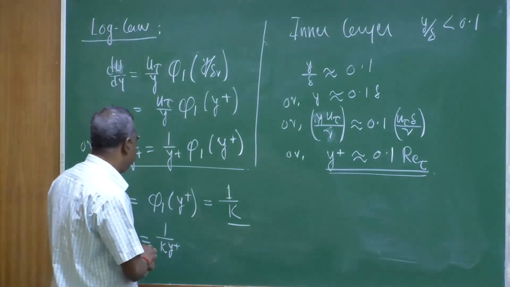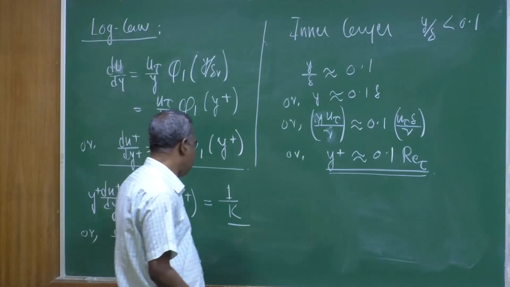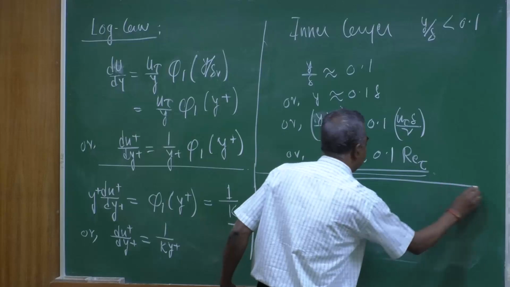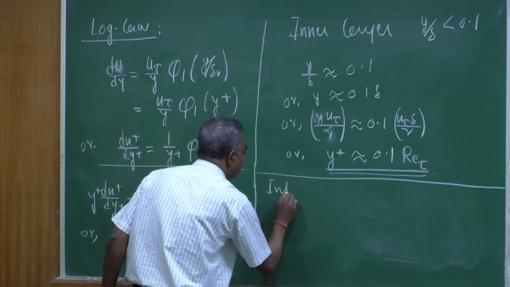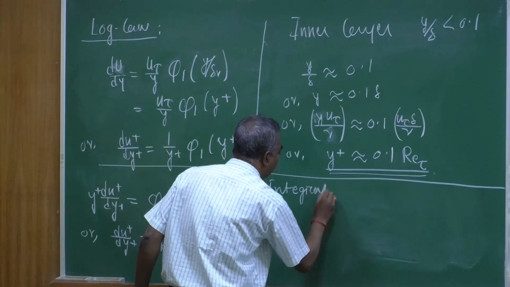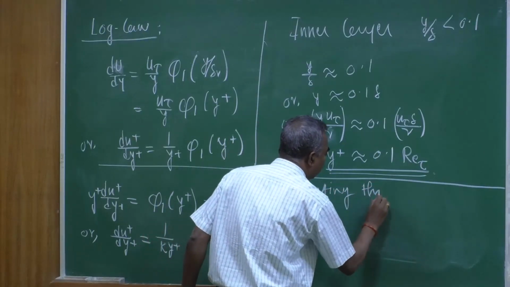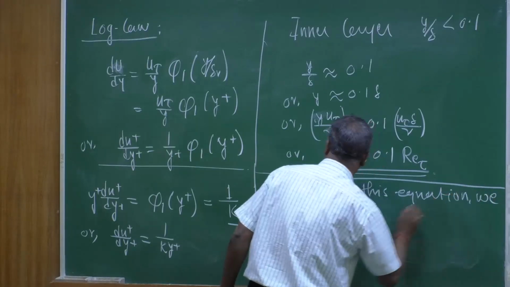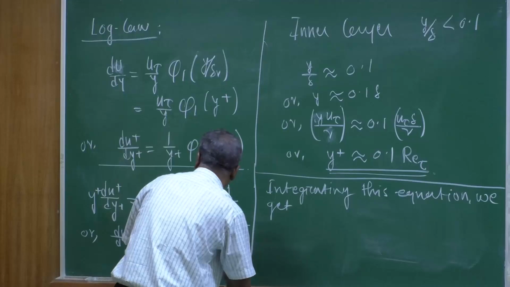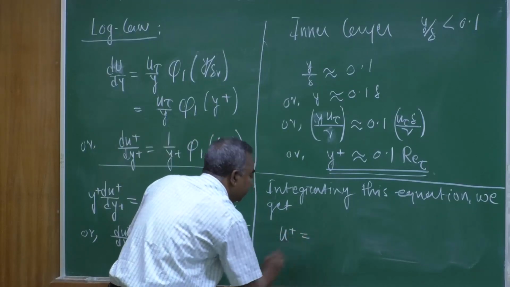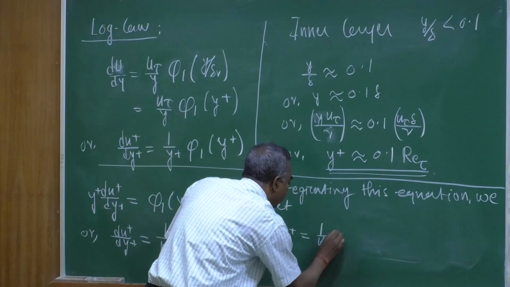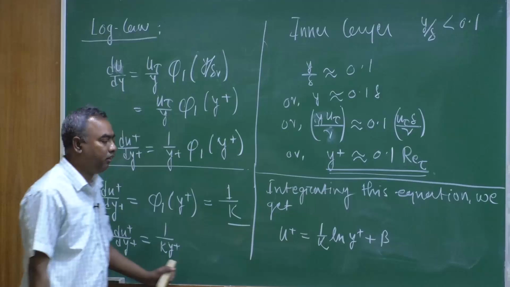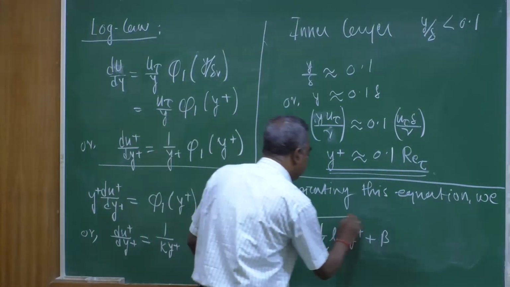If we now integrate this equation, we get u plus equals 1 by kappa ln y plus a constant b. This is what we get.